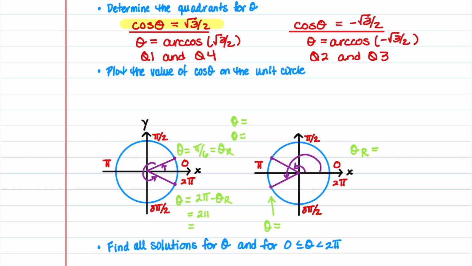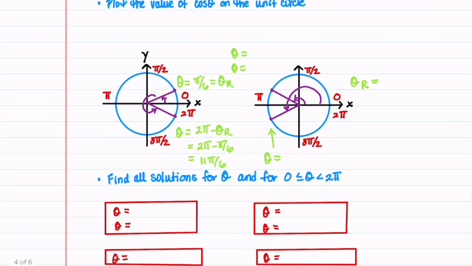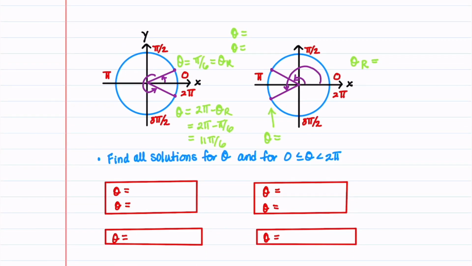So this is 2 pi minus pi over 6, which gives us 11 pi over 6. Our solutions are then pi over 6 plus 2n pi, and then 11 pi over 6 plus 2n pi. So between 0 and 2 pi, our solutions are pi over 6 and 11 pi over 6.